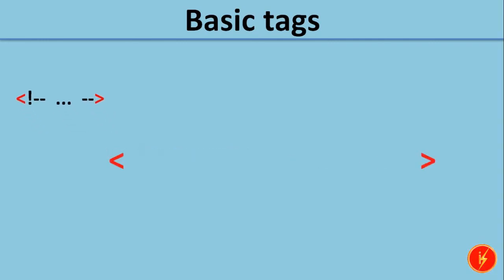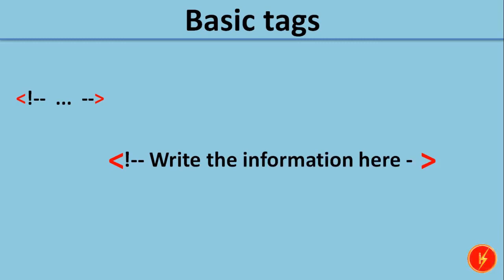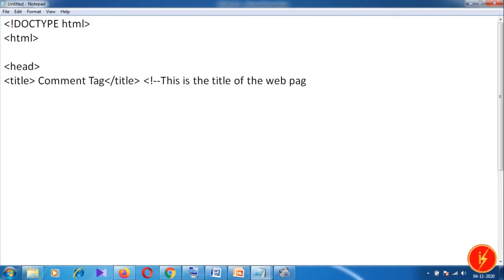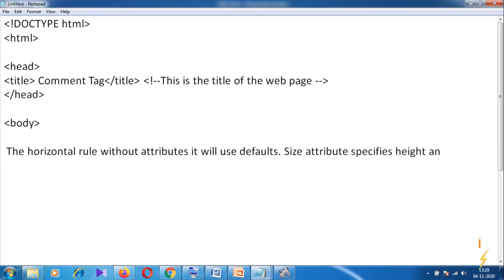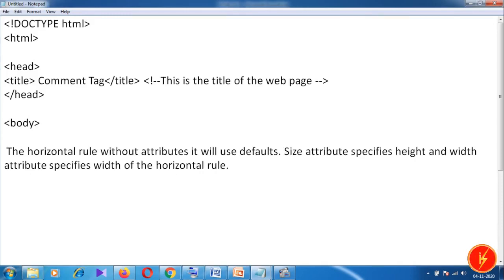Within angle brackets, the comment tag begins with an exclamation symbol followed by two hyphens. After that, we can write whatever we want about the code. At the end it ends with a couple of hyphens. Example code is here. Here I am using two comment tags, one in the head section and another in the body section.